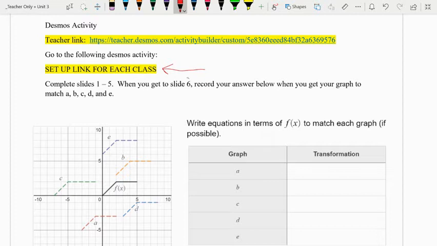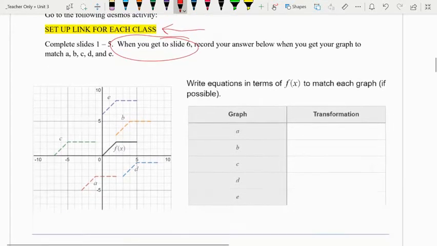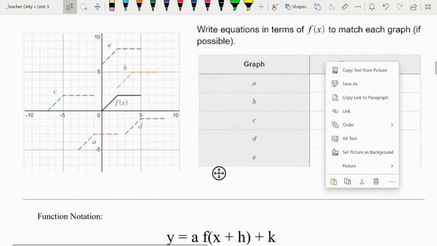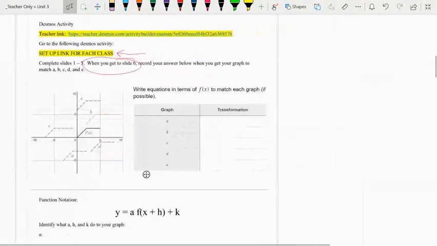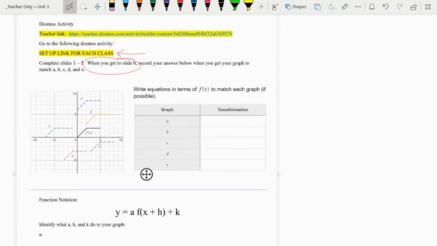Once you get to slide 6, you're going to record your answers here. So slide 6 is literally going to look like this. Okay. So once you get there, you're going to record them here versus on Desmos. Okay. And we're going to go over them here as well. Okay. So go ahead and do that first before you listen to what I have to say.